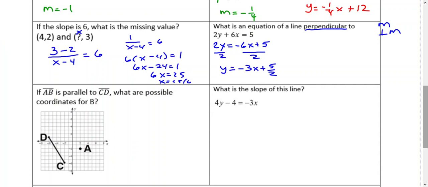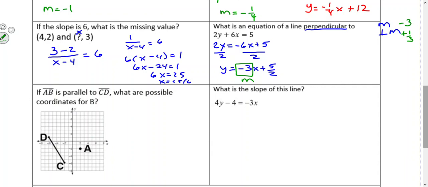Now that it's in slope-intercept form, we can find our original slope easily. Our original slope was negative 3, which makes our perpendicular slope positive 1 over 3. We do not need to worry about changing the b this time since they're not the same slope, they'll never be the same line.